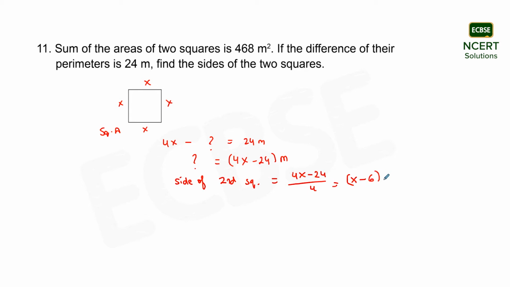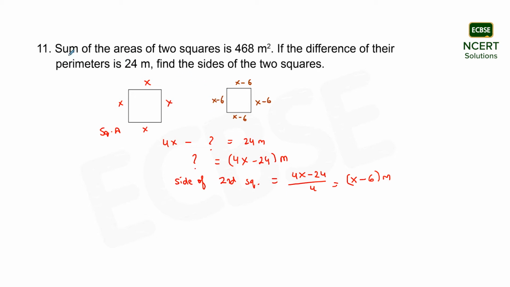Let me draw this. Let this be the second square, and each of its sides is x minus 6.